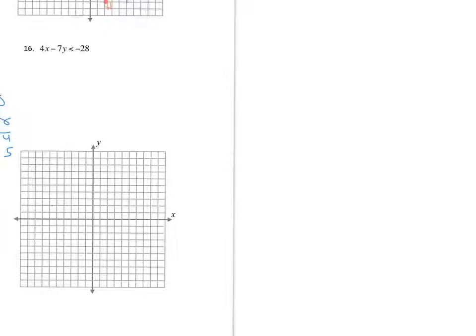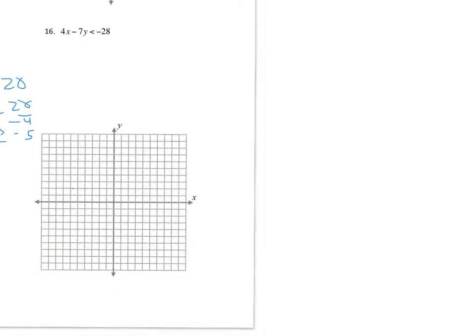16. Standard form. How about finding intercepts? X-intercept, y-intercept. X-intercept is where I have a 0 y value. 4x minus 7 times 0 less than negative 28.